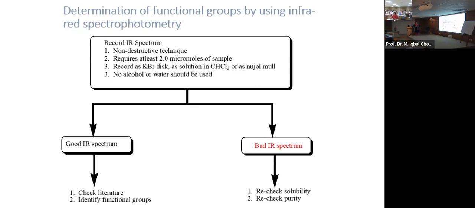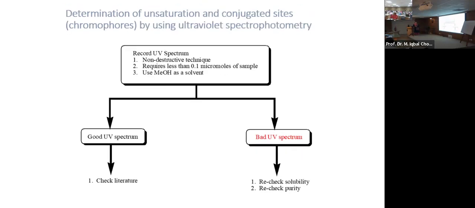If you get a good IR spectrum, you need to check with the literature and identify the functional group in your molecule. If it is a bad IR spectrum, then you need to check the solubility and the purity of your molecule. And then you need to record the UV spectrum.